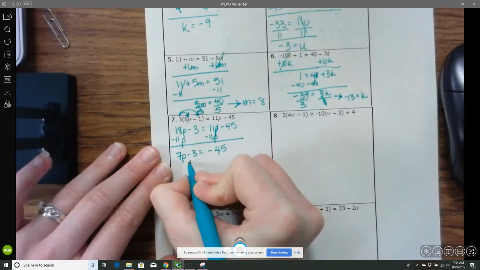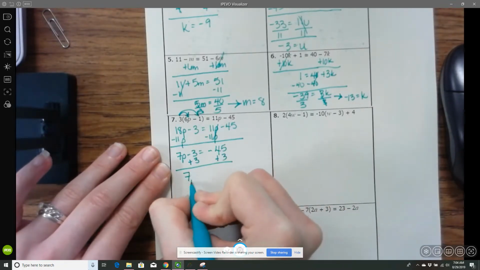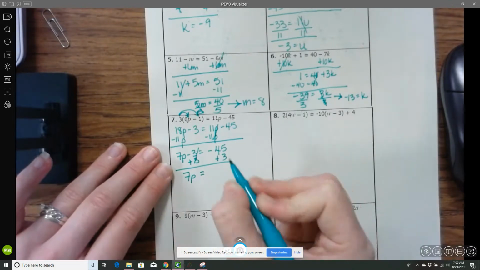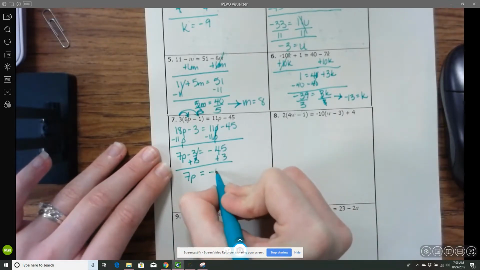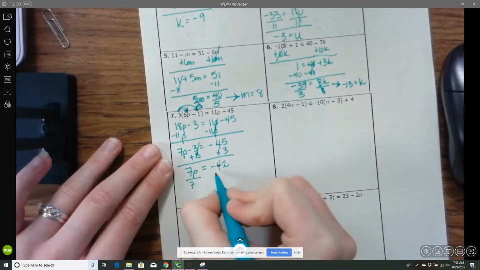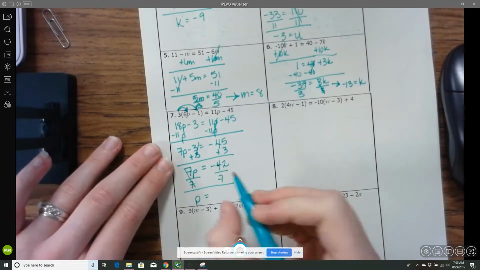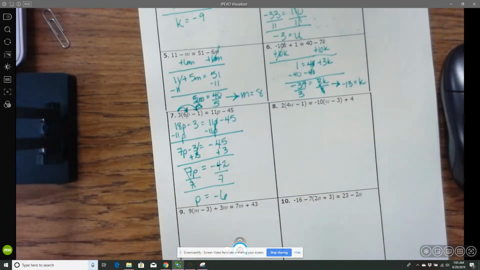Then get all my constants together. But by this point, again, we're at a two-step equation. And so you just follow the same pattern every time. So divide by 7. So p would equal a -6.